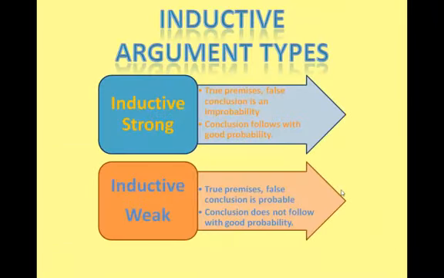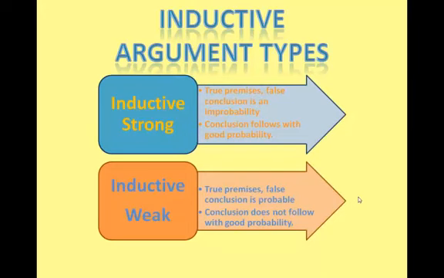Let's now look at inductive argument types. There are two kinds. One where the inference between premises and conclusion is strong. And here we have a case where the conclusion being false is an improbability when the premises are true.